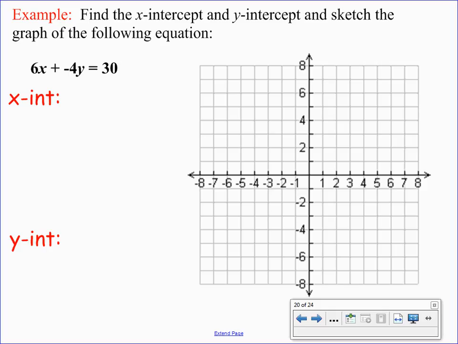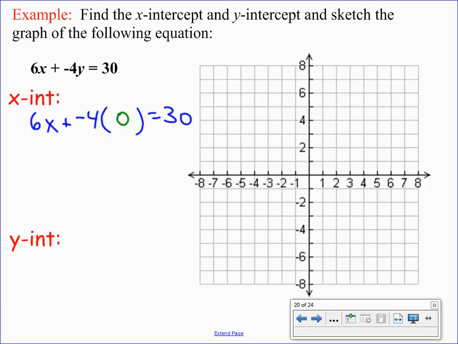Everybody, to find the x-intercept, it's easy in standard form. We'll rewrite our equation, but plug in 0 for y and solve for x. What happens to the y term in my equation when I plug in 0 for y?